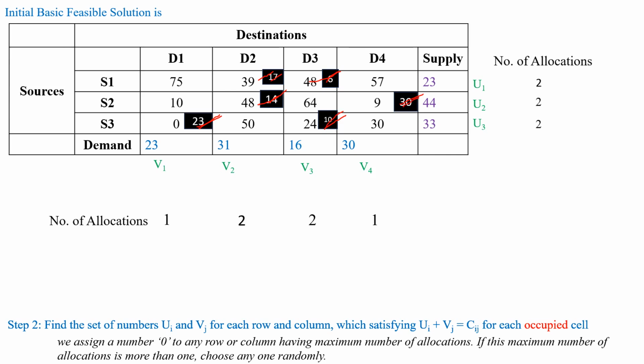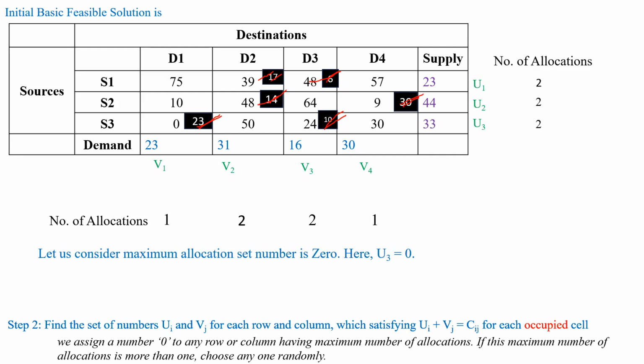Here the maximum number of allocations is 2 for the S1, S2, S3 rows and also for the D2, D3 columns. So among these, randomly we allocate the set number 0. Here we are allocating the set number 0 for U3.